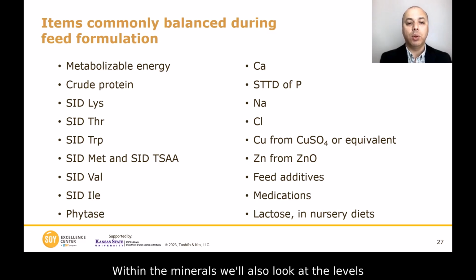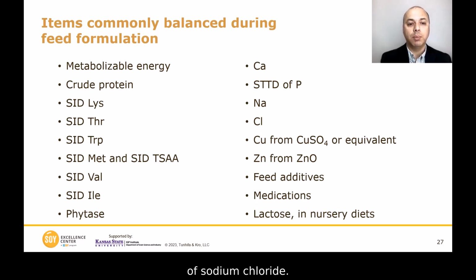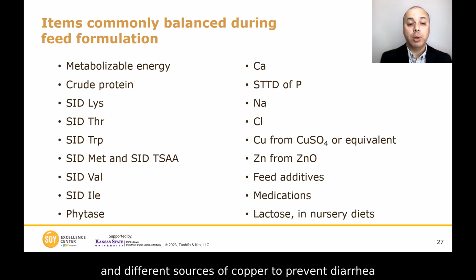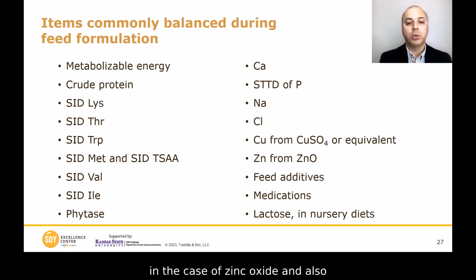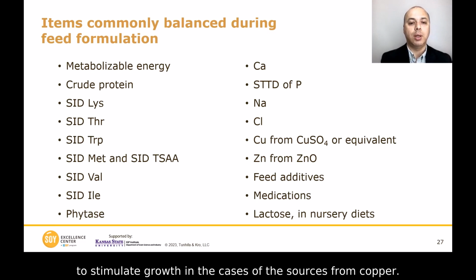Within the minerals, we also look at the levels of sodium, chloride, copper, and zinc, which are very common to look at because we can use pharmacological levels of zinc oxide and different sources of copper to prevent diarrhea in the case of zinc oxide, and also to stimulate growth in the case of the sources of copper.